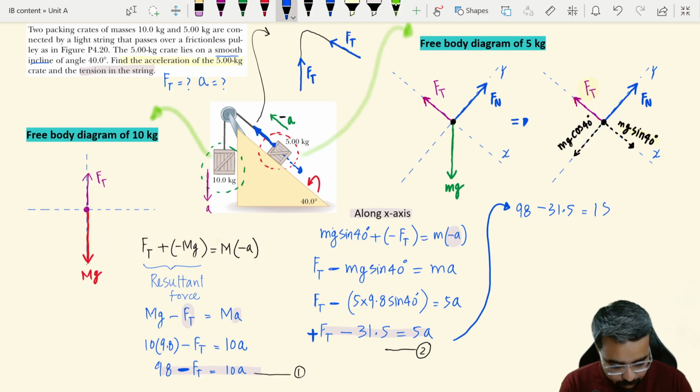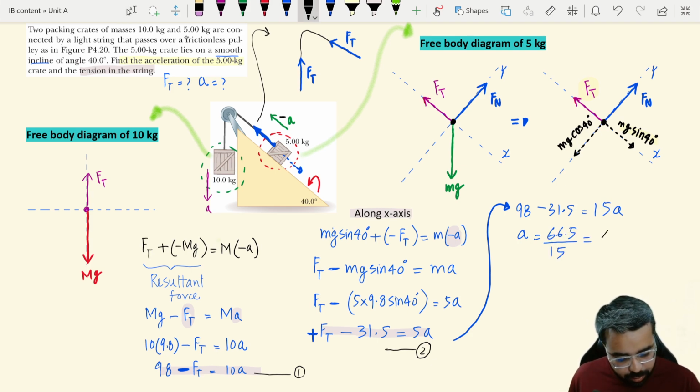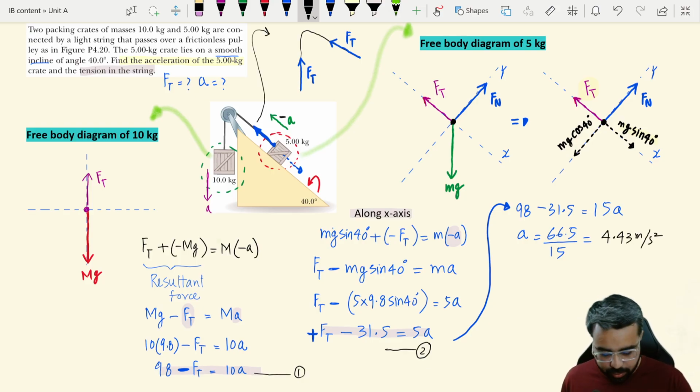From here you can easily find the acceleration of the packages. So the acceleration is 4.43 meters per second squared.